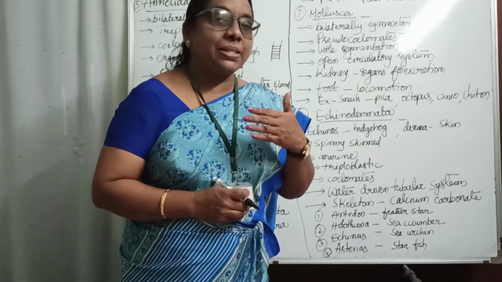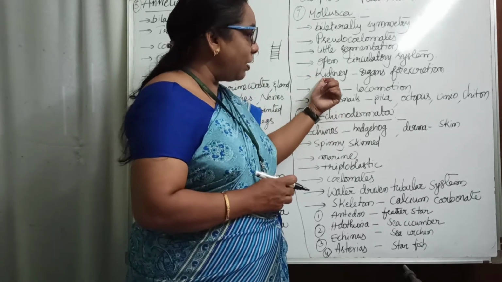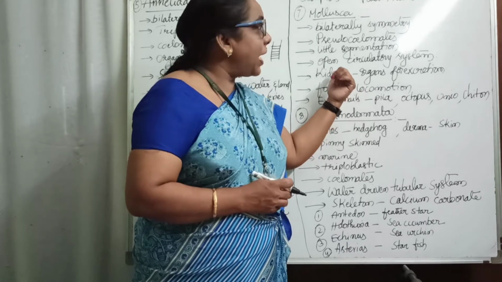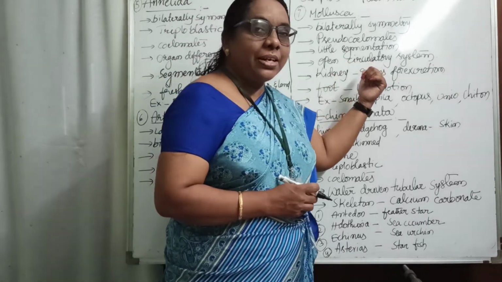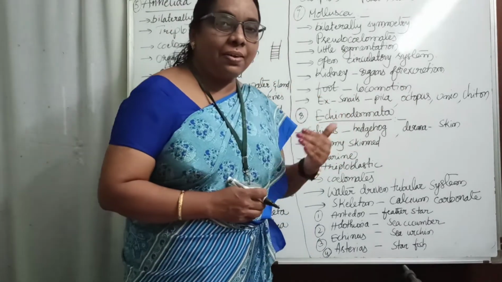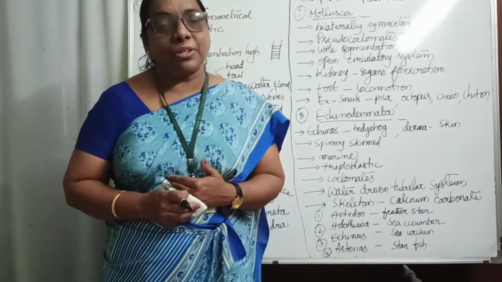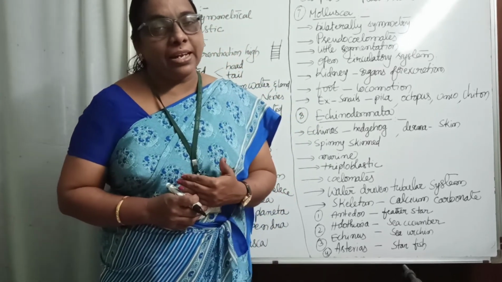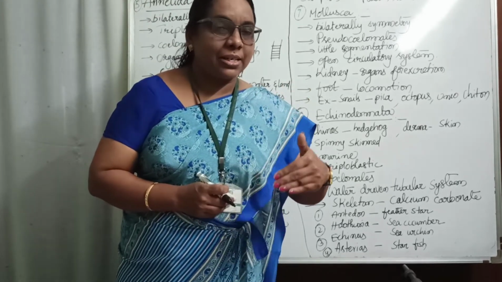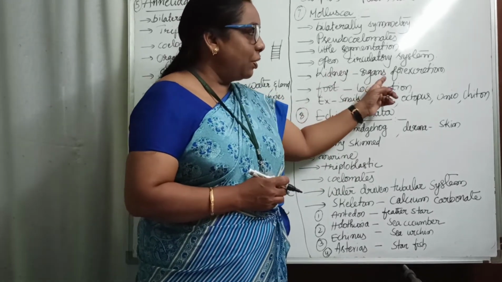These organisms develop special structures for excretion, and that organ is called the kidney. Next, they have another special structure called the foot. The foot is useful for locomotion. For the movement of the snail, it opens its foot, and when the foot comes out, the snail moves.